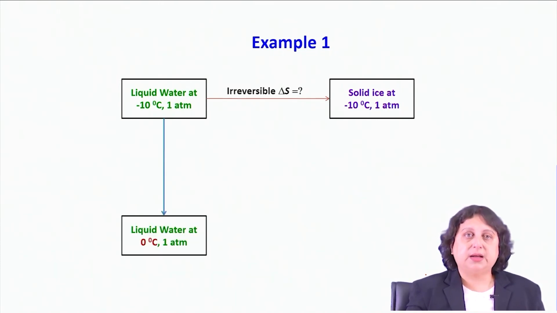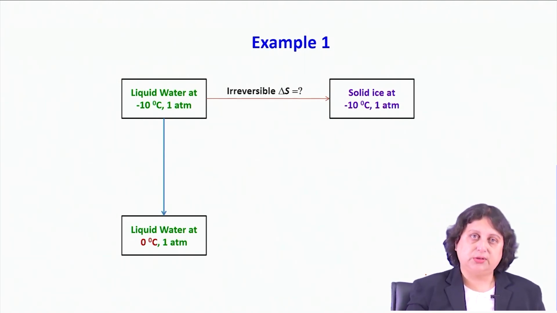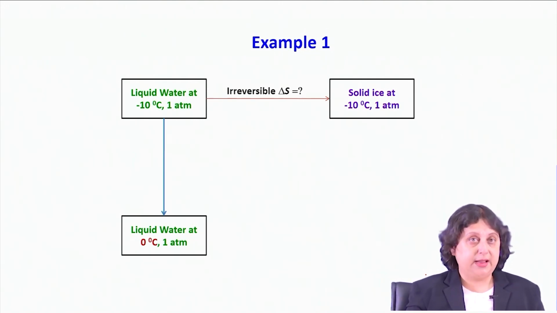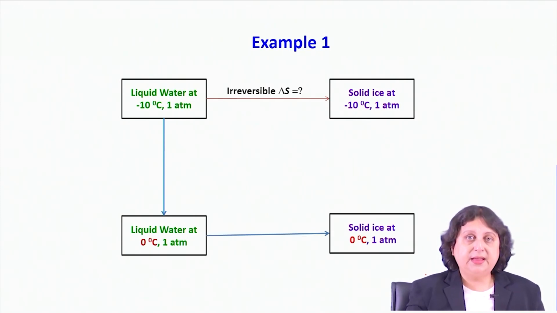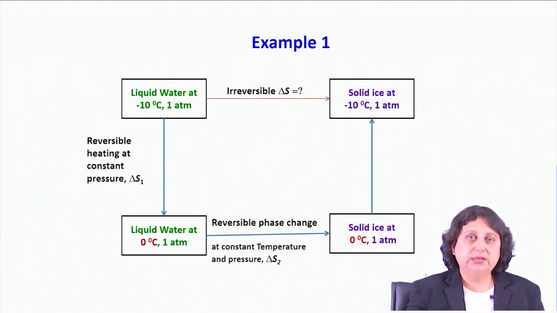We can heat up the liquid water from minus 10 degrees centigrade to 0 degrees centigrade at constant pressure. So this is a thought experiment, not an actual one. And then you can allow the liquid water to freeze at 0 degrees centigrade and then allow it to cool down to minus 10 degrees centigrade. So what are the three steps that I have included in my thought experiment?